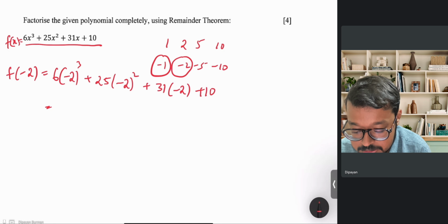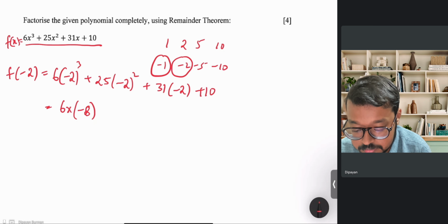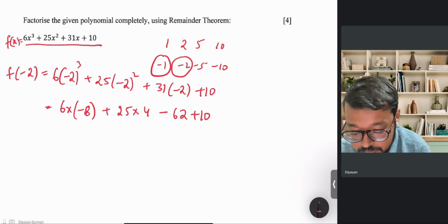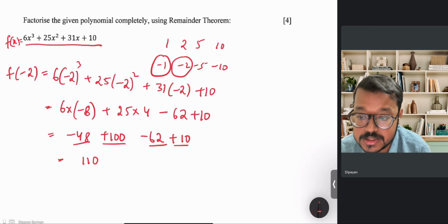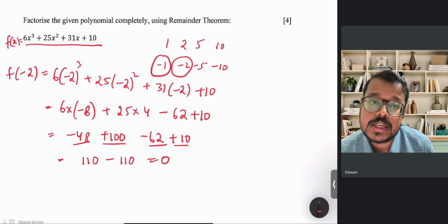This is same as 6 into minus 8 plus 25 into 4 minus 62 plus 10, minus 48 plus 100 minus 62 plus 10. So 100 plus 10 is 110, minus 48 minus 62 is minus 110. So this value is equal to 0.